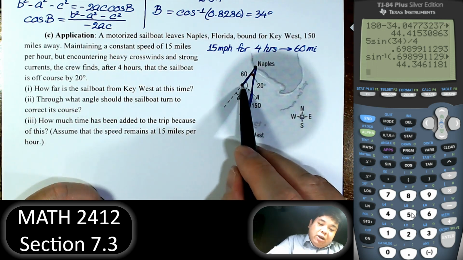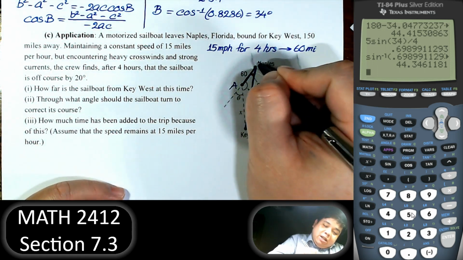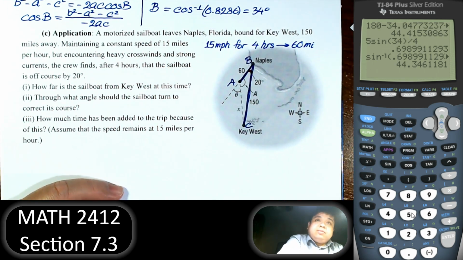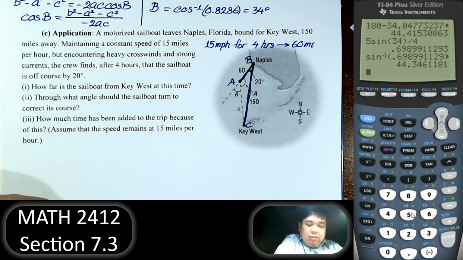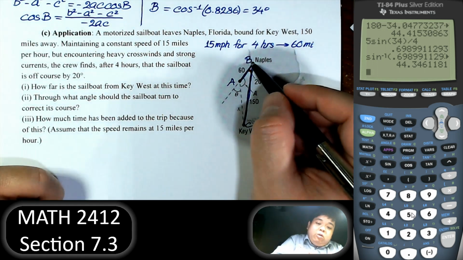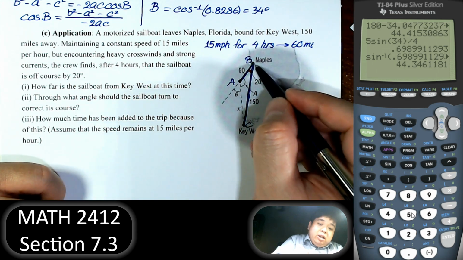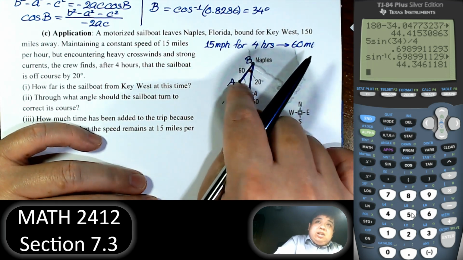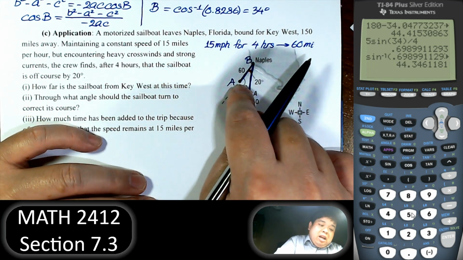Oh, they set the angle A, so this is A. So this is B and C. Right. So instead of going straight from B to C, which we wanted, the wind blew it that way, and so after 4 hours we stop at A first.